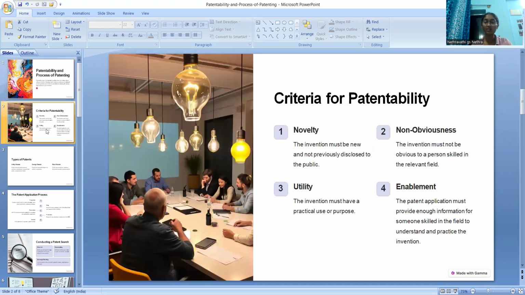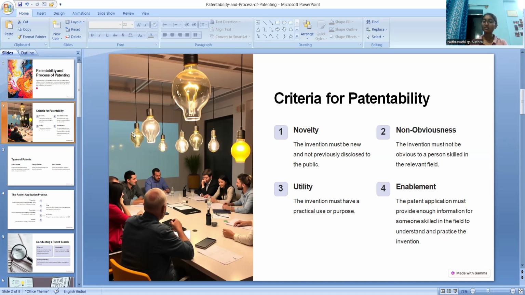Next, what are the criteria required for filing a patent, like patentability? Criteria for the patentability: firstly, novelty, non-obviousness, utility, and enablement. Firstly, the novelty. The invention must be new and not previously disclosed to the public. This is what the novelty refers to.